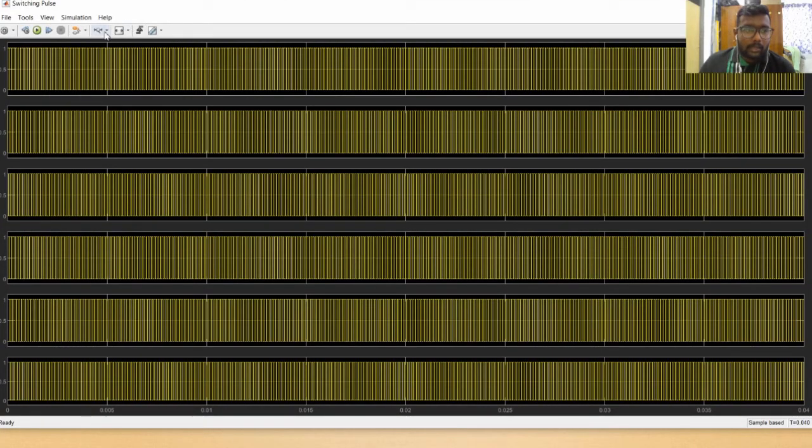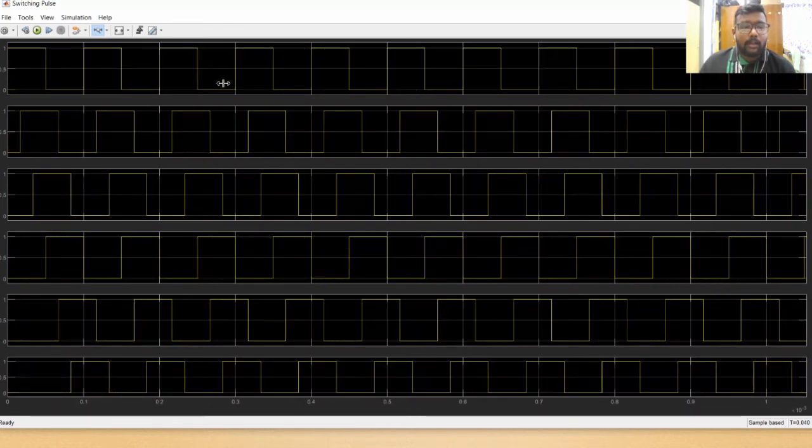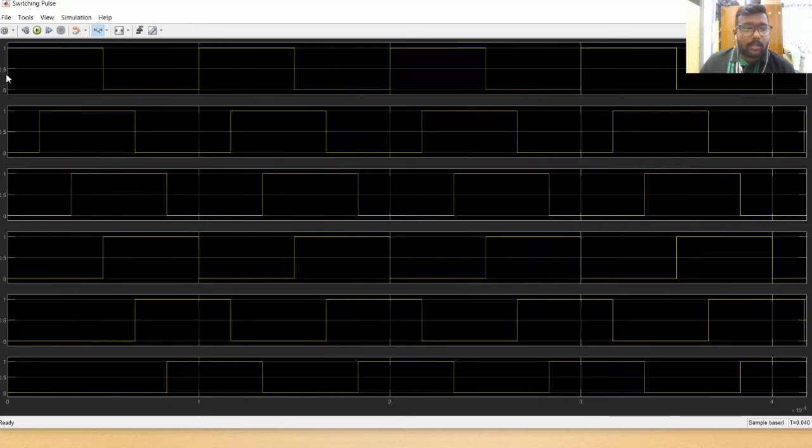As you can see, this is the graph that we produced. Let's zoom in on the graph and look at the phase delay. This is the phase delay, which is 60 degrees, and it adds up from M1 to M6. These are the switching pulses that we are using for this 180 degree conduction mode.